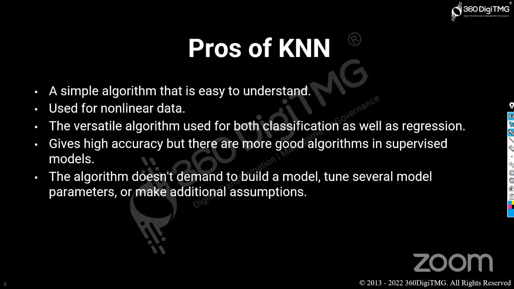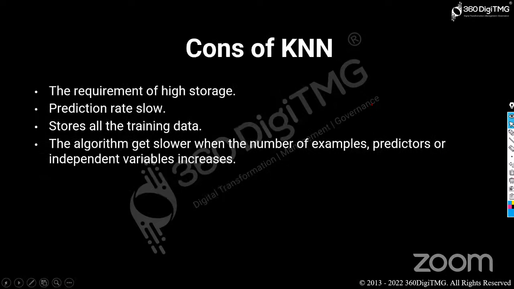Talking about what are the cons, what are the drawbacks of your KNN. The requirement of high storage, we know that, and computational burden. Why high storage? Because your data size keeps on increasing and increasing, hence giving a computational burden. Hence, there's a requirement of higher storage. Right?